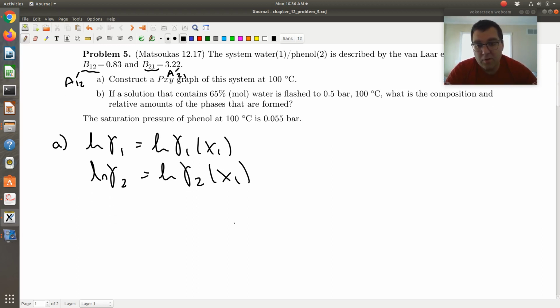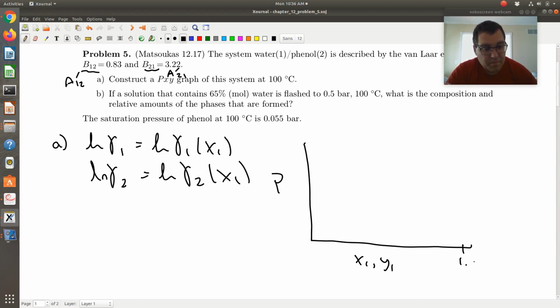So let's go about constructing a Pxy phase diagram at 100 degrees C. Just as a refresher, what's a Pxy phase diagram? Let's plot a Pxy for an idealized system and keep inventory of what we need.